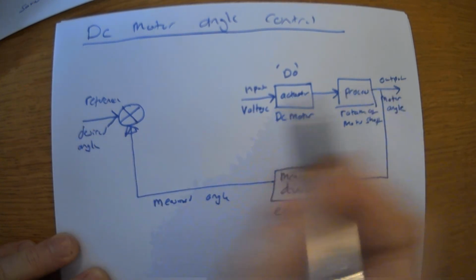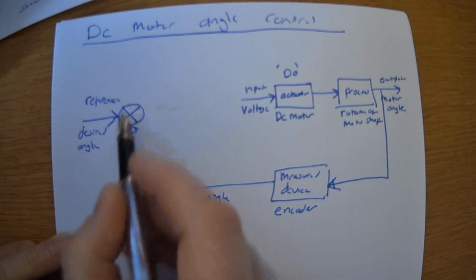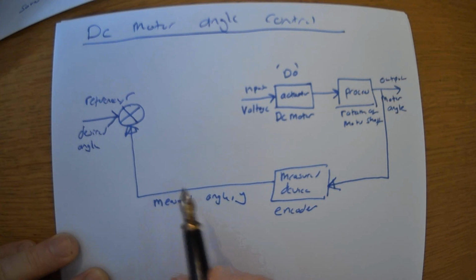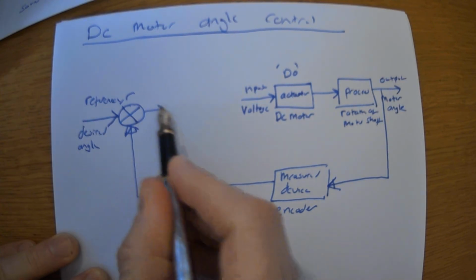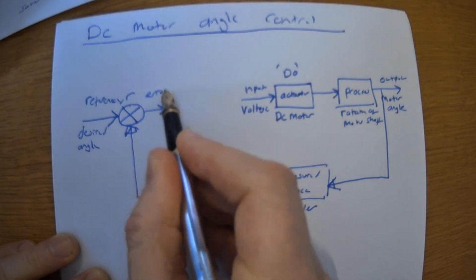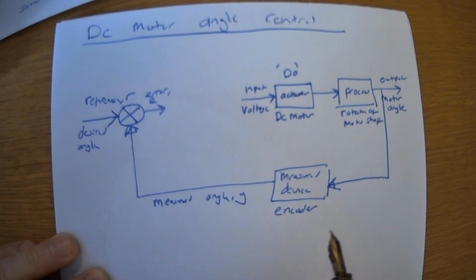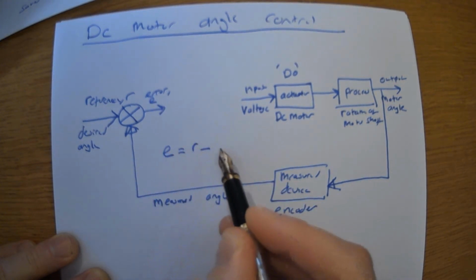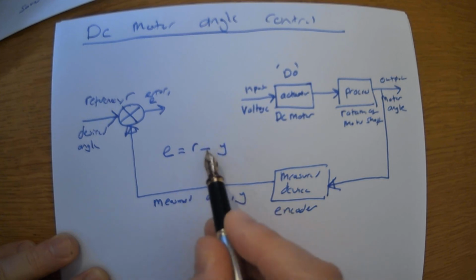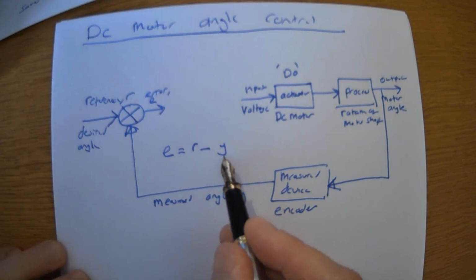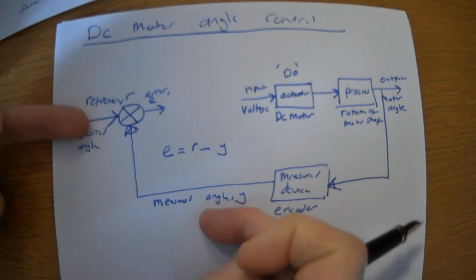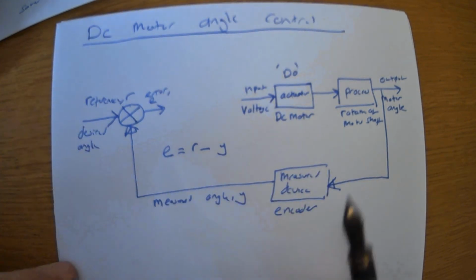So as you remember from last week, the desired reference, I'm just going to use the notation R, Y, and then here we've got the error, which notation we're going to use is E. Okay, and the error is effectively the reference subtract the measured angle. So that kind of makes sense if you think about it. This is what I desire, this is what I'm measuring, the difference between those is my error.